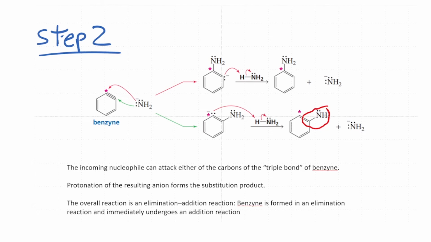That means both attacks are equally likely, and therefore you see a 1:1 ratio of the products. So the carbon-14 labeling study is very useful in deciphering the mechanism, and it suggests that benzyne could be a possible intermediate in this reaction.